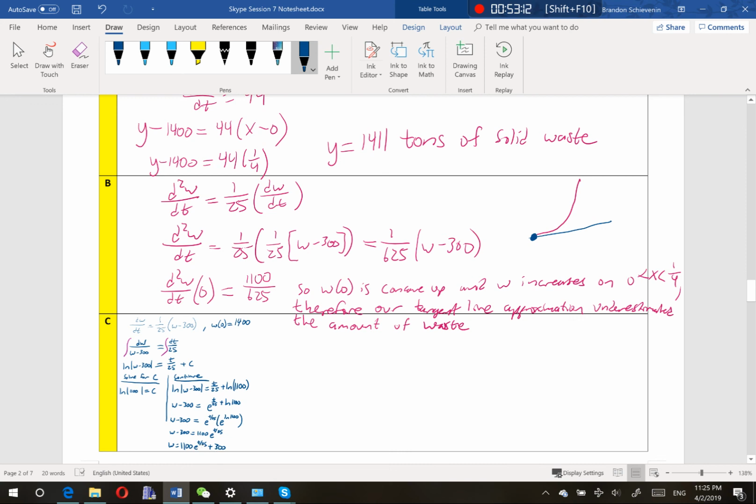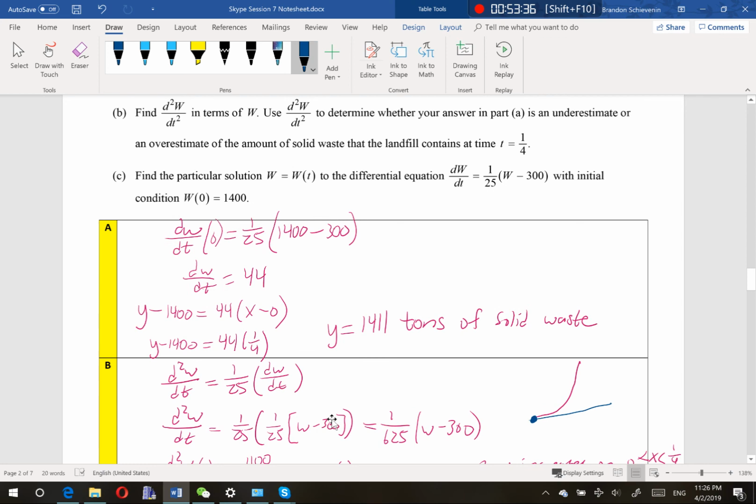Okay. I don't need our absolute value right now because I don't have any natural logs left. But what happened if w is... Oh, never mind, it's in terms of t.